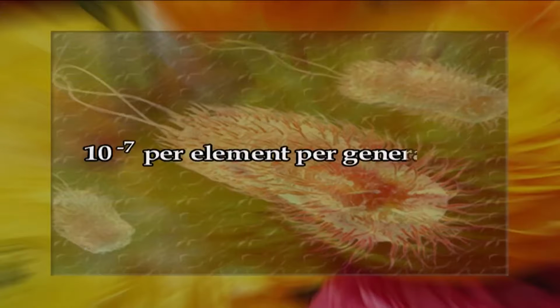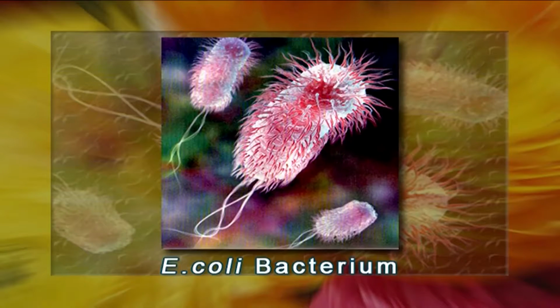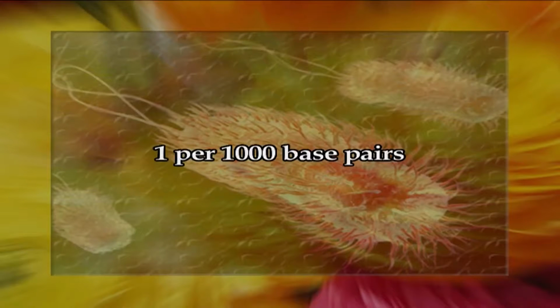Tn10 occurs at around 10 raised to the power minus 7 per element per generation. Transposition occurs to a large number of sites in E. coli, but excellent target sites are found at about 1 per 1000 base pairs. Other secondary sites are recognized at poor efficiency.